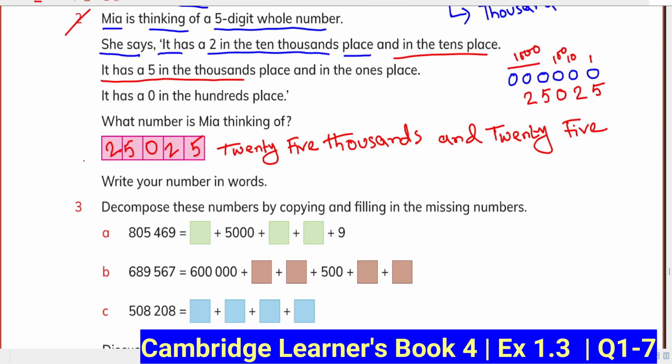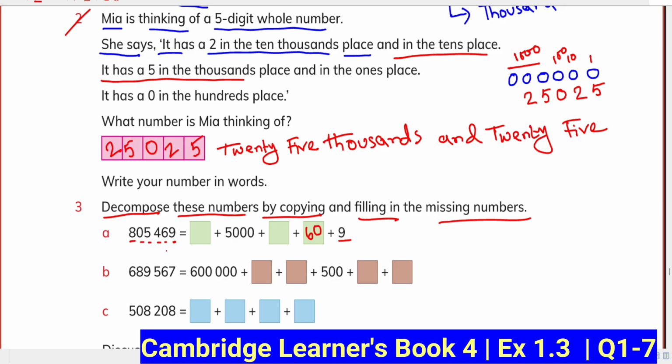Question 3: decompose these numbers by copying and filling in the missing numbers. So look, here is 805469. So 9 is in the ones place, 6 is in the tens place, right? So what do you write here, is it 6 or 60? It should be 60.